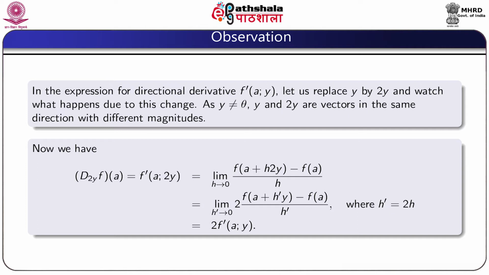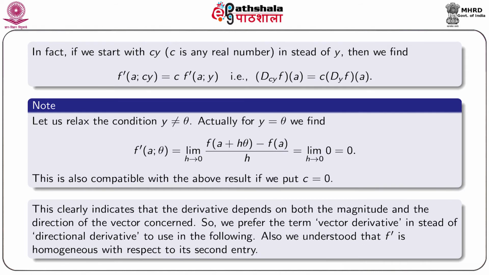So, we replace 2h by h dash. Then we find that the value of the limit is twice f dash (a, y). In fact, instead of 2y, if we started with cy where c is any real number, then we can find f dash (a, cy) equal to c times f dash (a, y), that is d_cy f(a) equals c times d_y f(a).